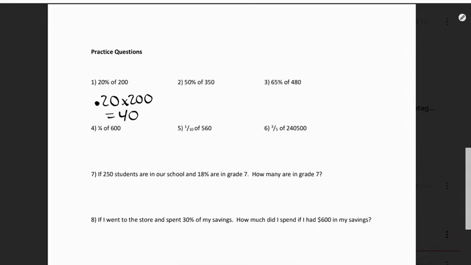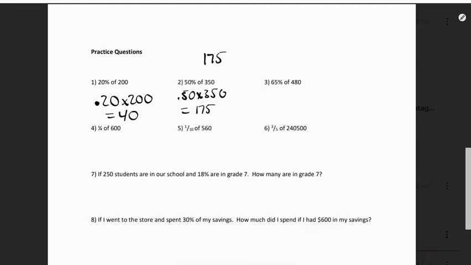If I do, say, 50% of 350, some of you might already be able to do it in your head: 150 is half of 300, plus 25 is half of 50, so it should be 175. And it is, because if you go 0.50 times 350, you will get 175.